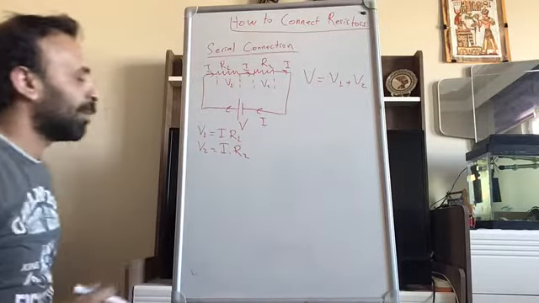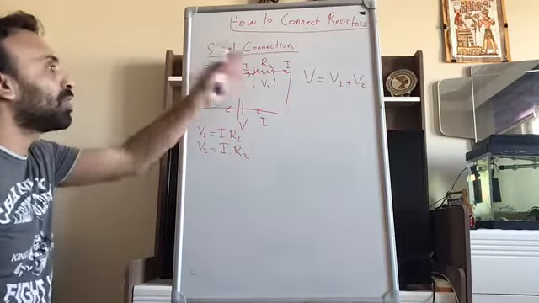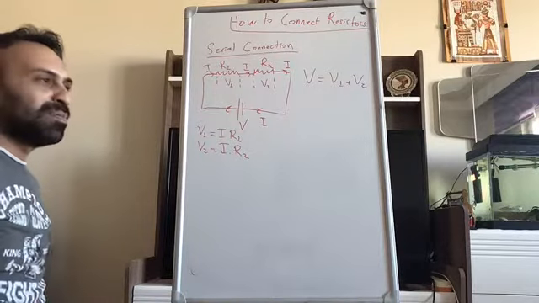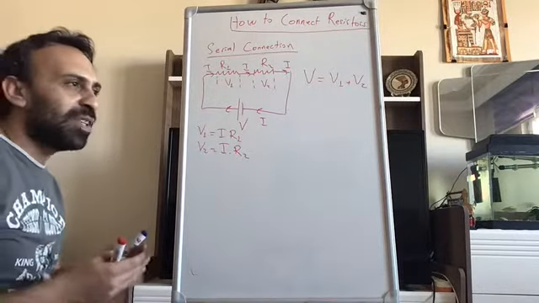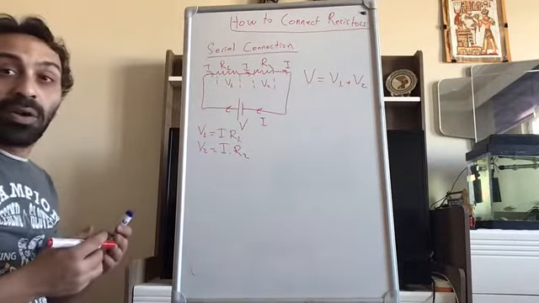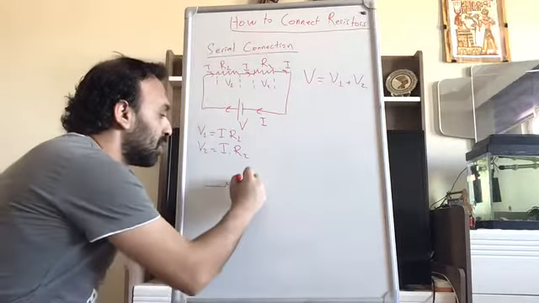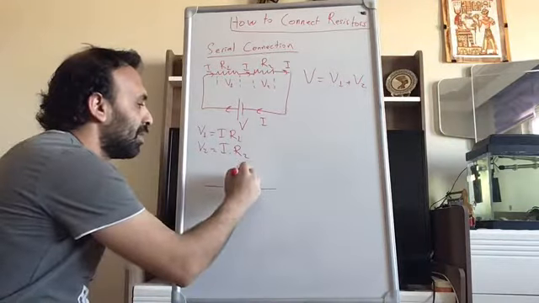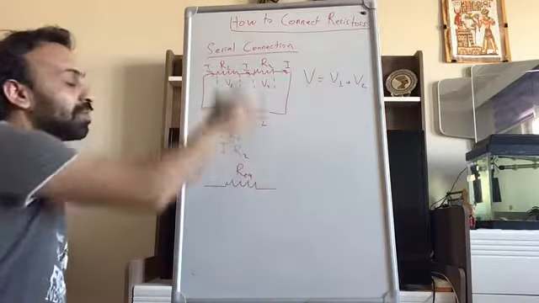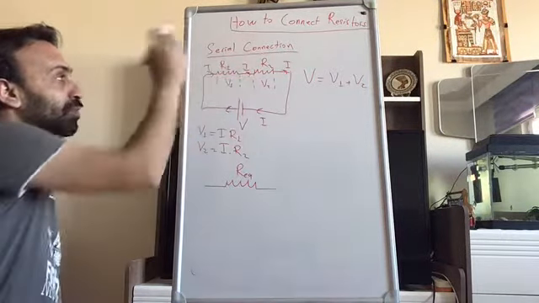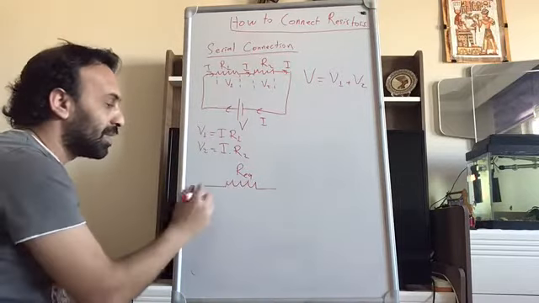But what about V? Now again, you have two resistors giving you some energy, but you want to have the same energy by using only one single resistor. You want to use a single resistor but have the same job. You want to have the same energy from R1 and R2 with only a single one.